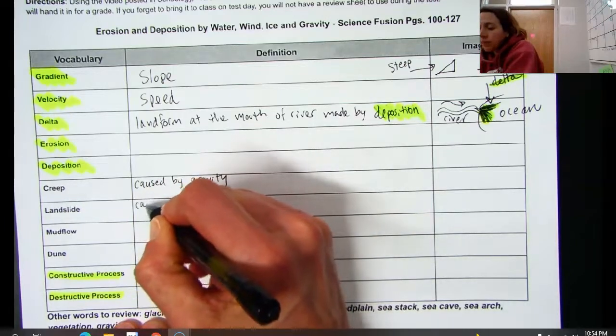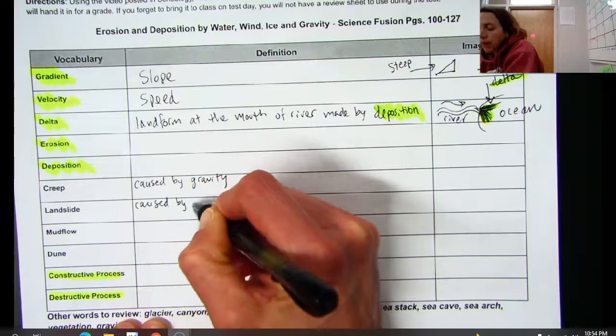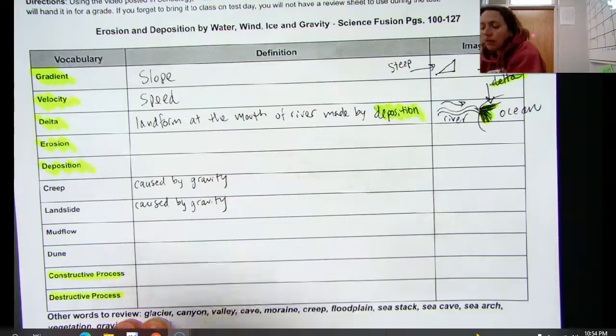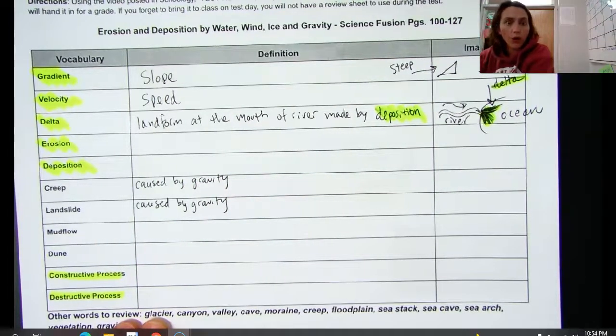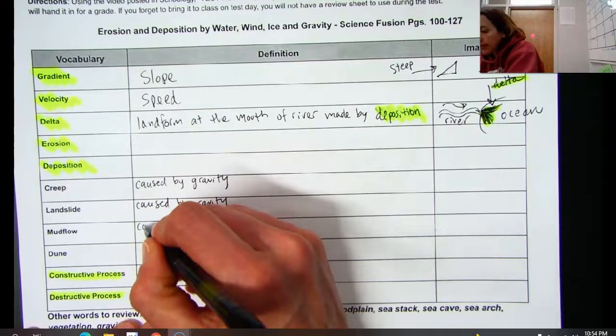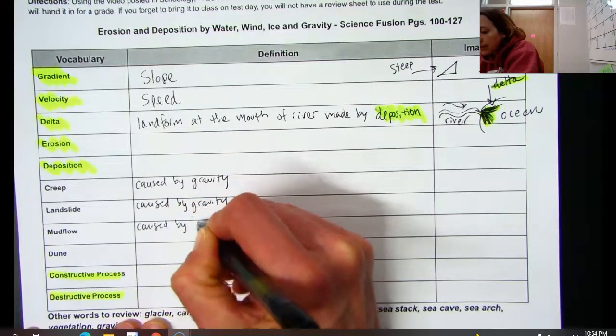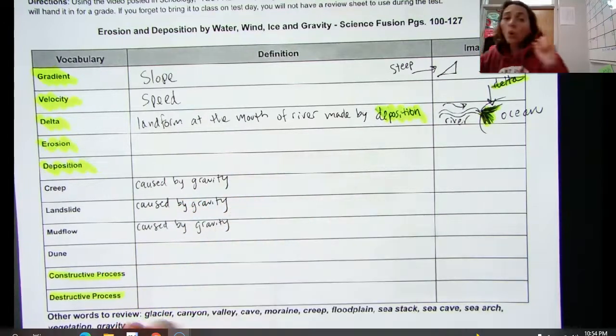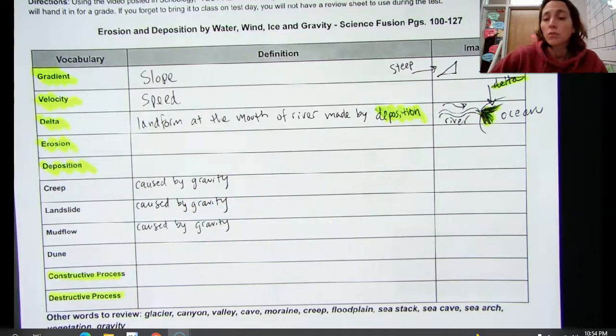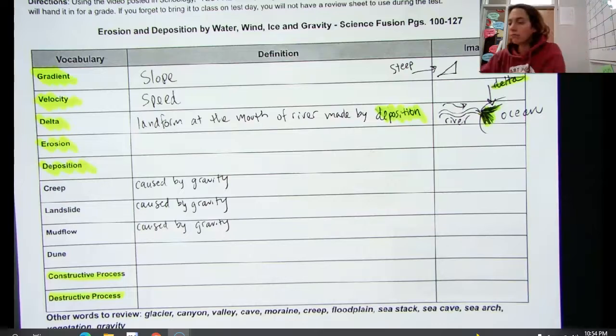Landslides, also caused by gravity. What about mud flows? Gravity. Okay, what is the biggest factor making sand dunes? Remember, we did this really fun virtual lab about this? If you said wind, you're right.